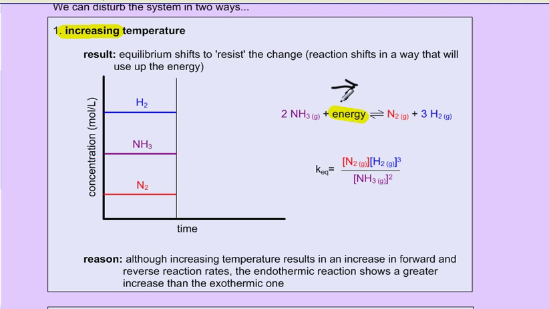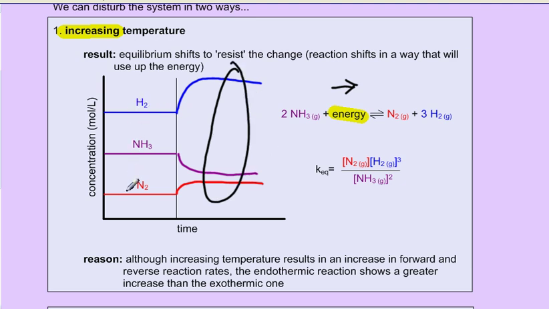By adding temperature, adding energy, the reaction is going to shift in a way that decreases the amount of energy that's present. So we're going to produce some nitrogen, and we're going to use up some ammonia, and we'll be producing some hydrogen.